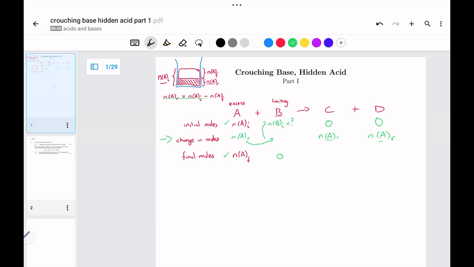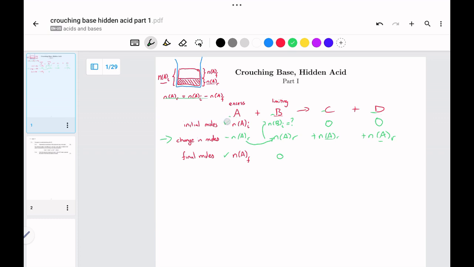I should say you gain here and you lose over here. I chose the coefficients to be 1, 1, 1, just for simplicity's sake, but they don't have to be. So that's the first problem type.